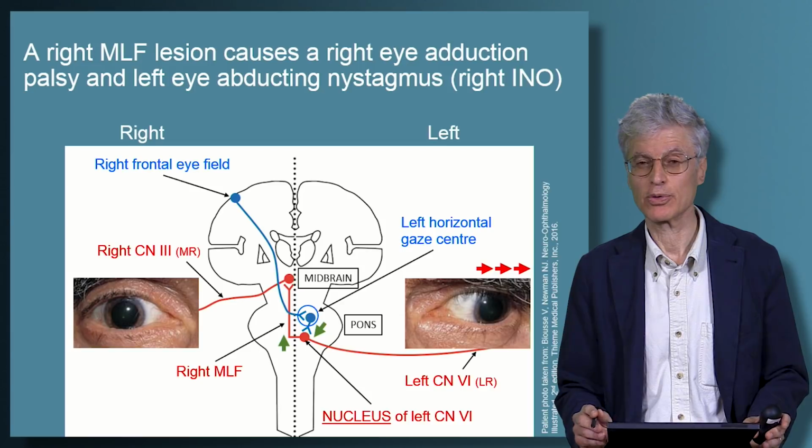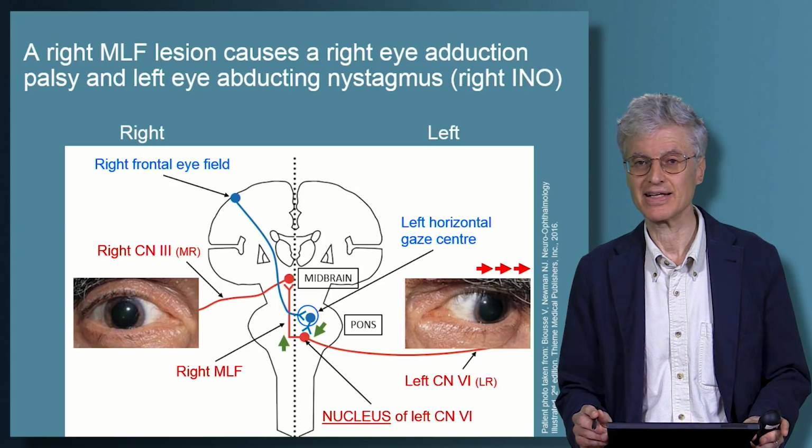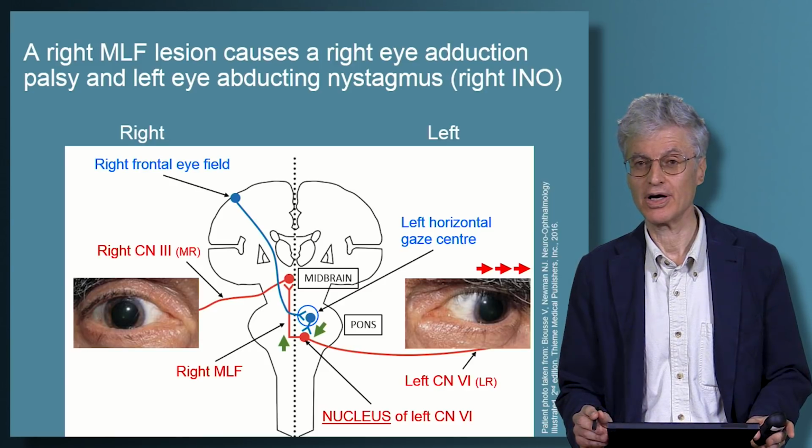Once again, our coronal diagram and eyes facing us. Here is a right medial longitudinal fasciculus lesion causing a right eye adduction palsy and left eye abducting nystagmus, or right internuclear ophthalmoplegia.